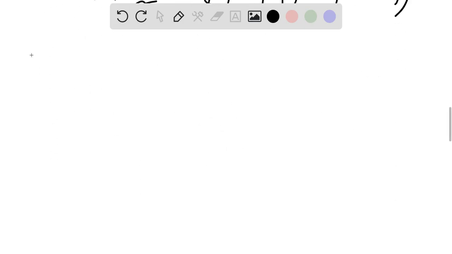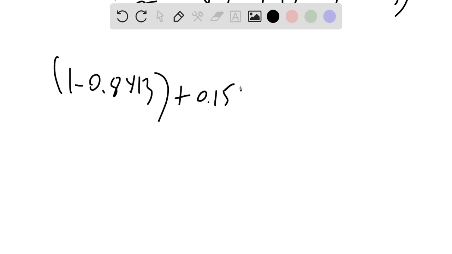This gives us 1 minus the probability that Z is less than 1, plus the probability that Z is less than negative 1, which gives us 1 minus 0.8413 plus 0.1587. This is equal to 0.3174. So the probability that the sample mean differs from the population mean by more than 4 hours is 0.3174.